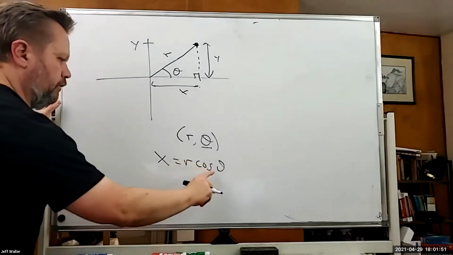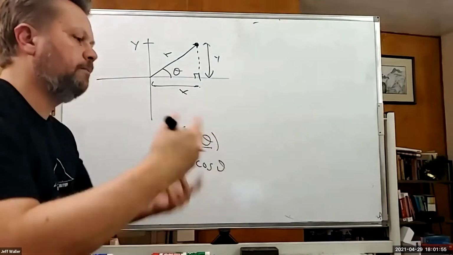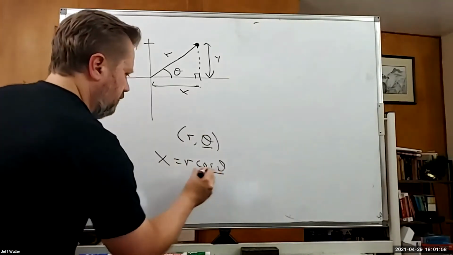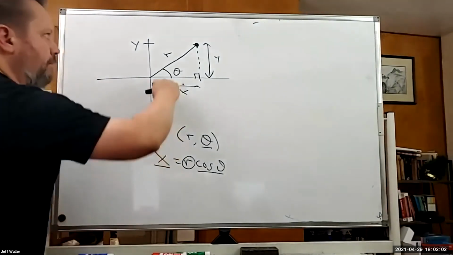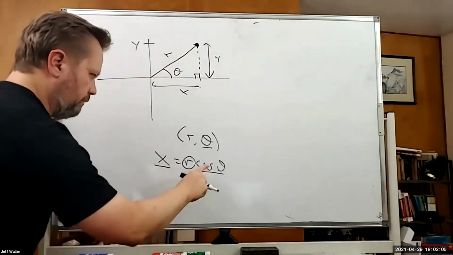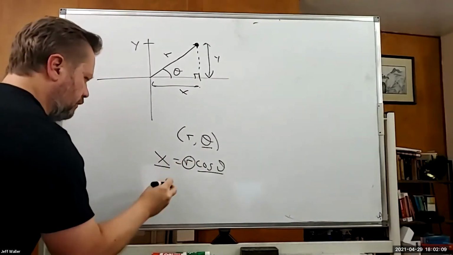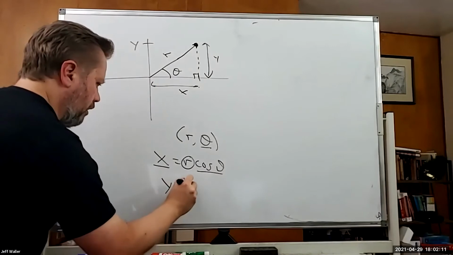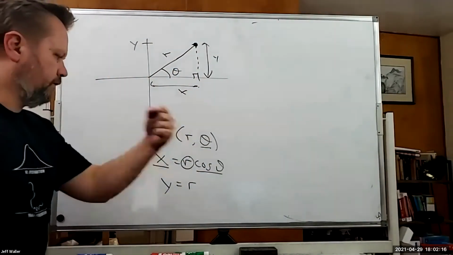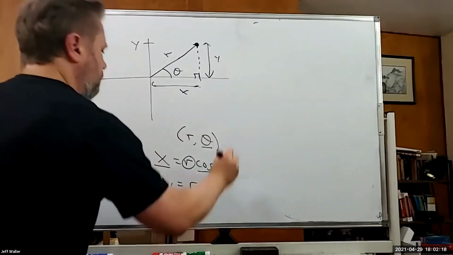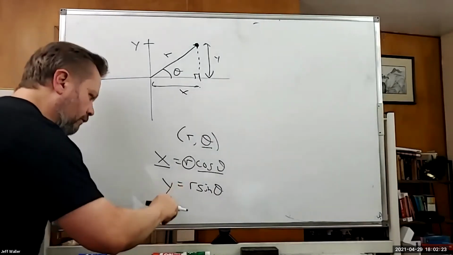Think of cosine theta as the percentage of the radius, or hypotenuse, that falls in the x direction. So what about y? y would equal r times sine theta, because sine theta is the percentage of the radius or hypotenuse that lies in the y direction.